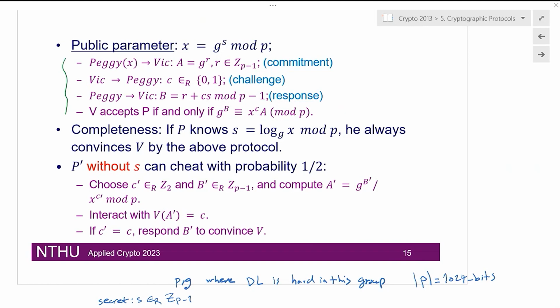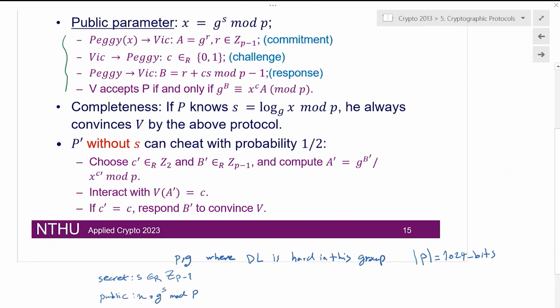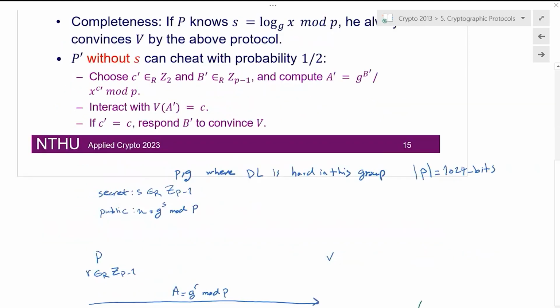But another issue is that a prover can always cheat with a probability of 50% of the time. That has to do with the fact that we always choose a challenge.